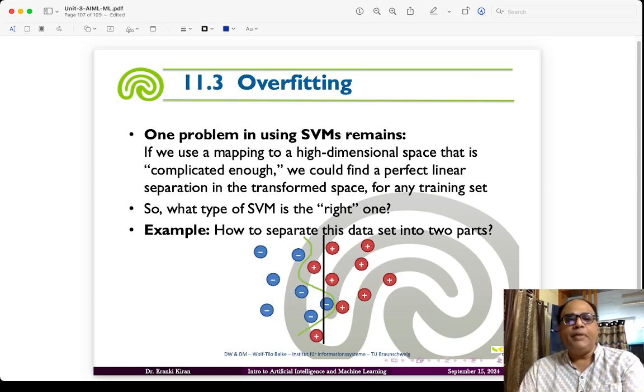If we map to a high dimensional space that is complicated enough, we could find a perfect linear separation in the transformed space for any training set. So how do we separate this data into two parts, because blue and red are actually going to the other sides of the classes.